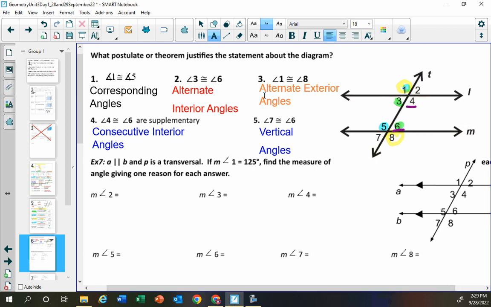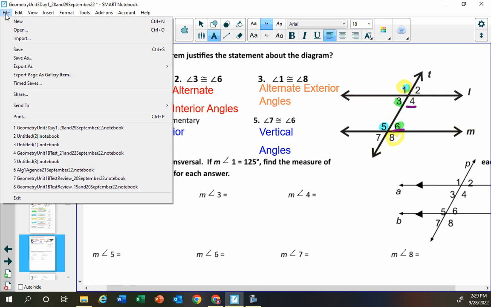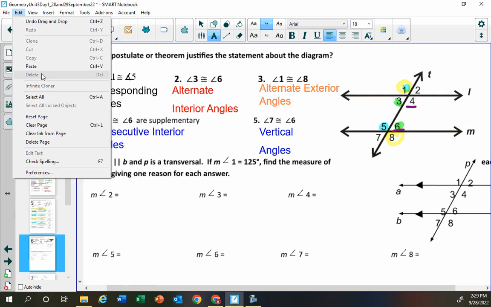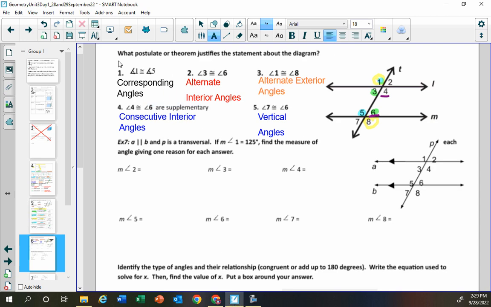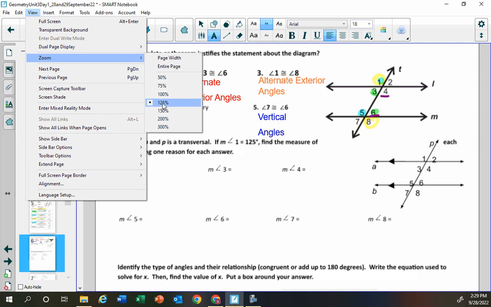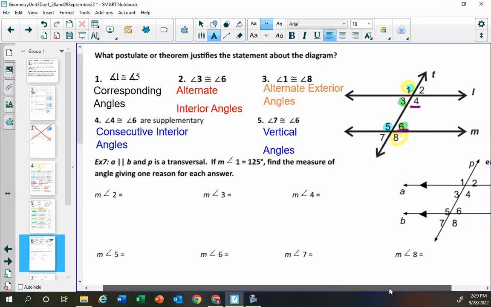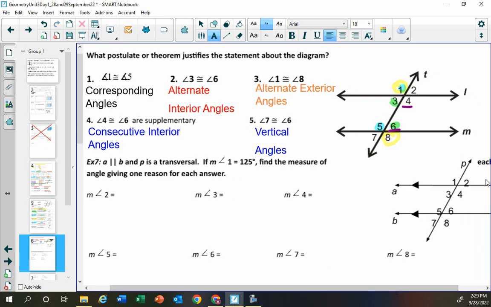Let me zoom out a little. Okay, maybe that might be good enough. So angle 1 we said was 125. If 1 is 125, it probably means that 5 is 125 as well.